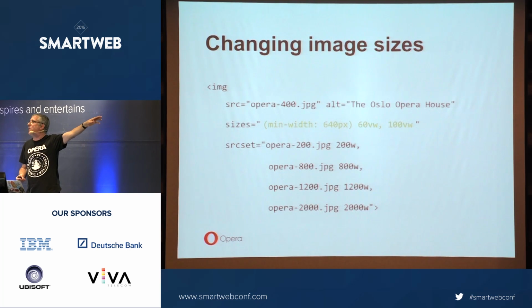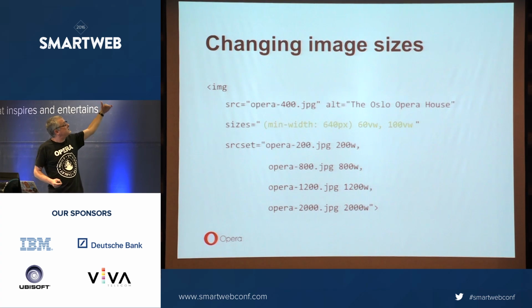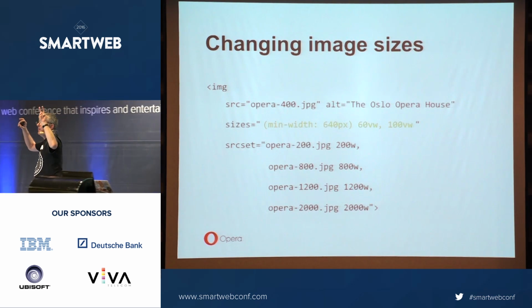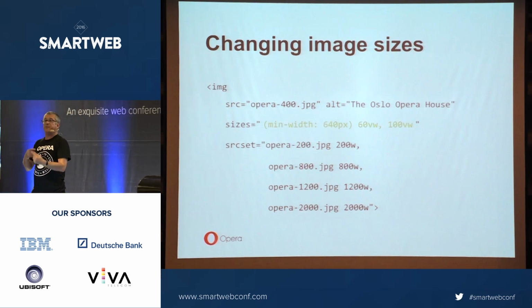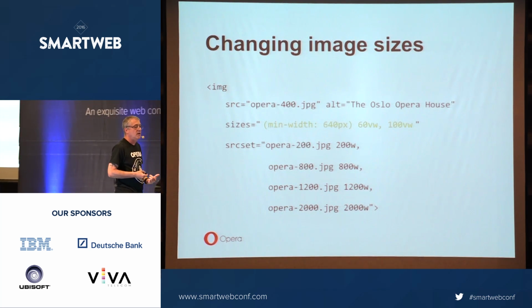Otherwise, show it at 100% of the viewport width. And you can have as many of those media queries as you want. The order of them matters. The first one that is true wins. It doesn't read them all to evaluate. As soon as it finds one that is true, it will win.